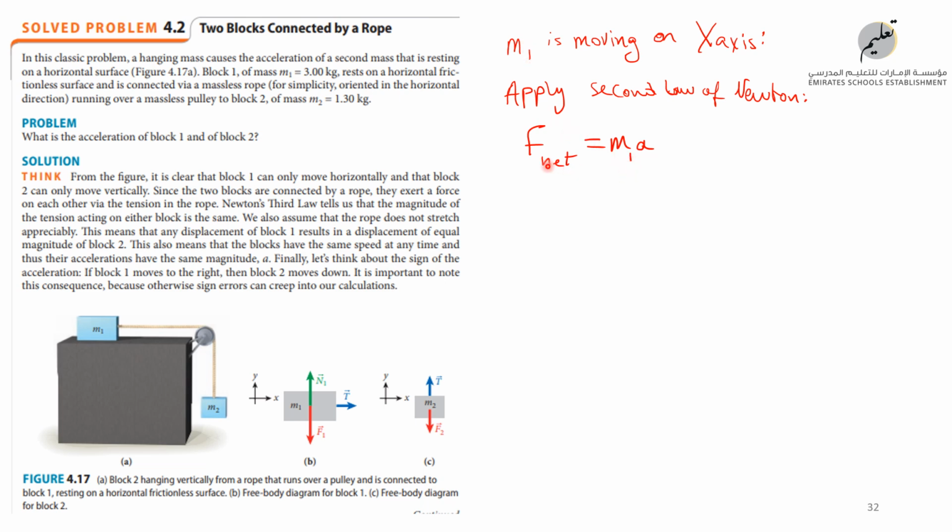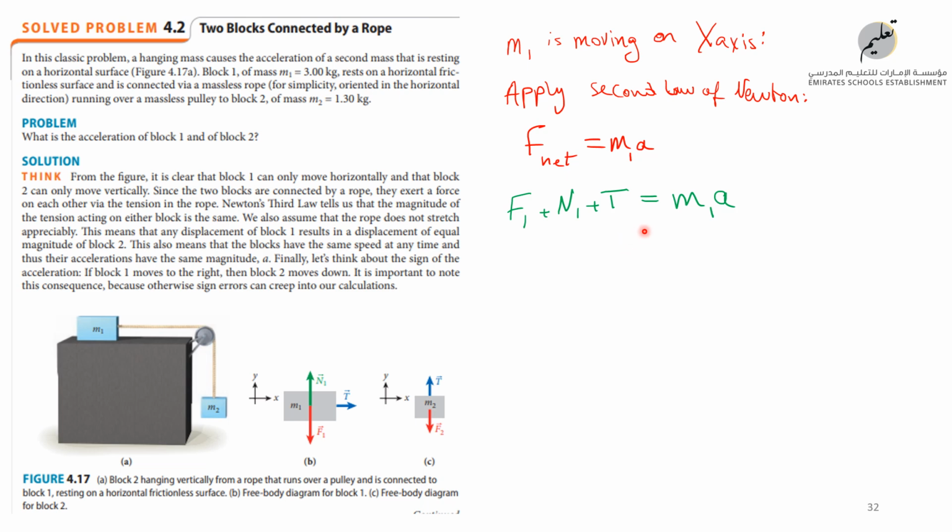What are the forces applied on m1? It's the force of gravity, which is downward, as you see here. We have the normal force because it's on the table, which is upward. And we have the tension by the rope, to the right, equal to m1a.